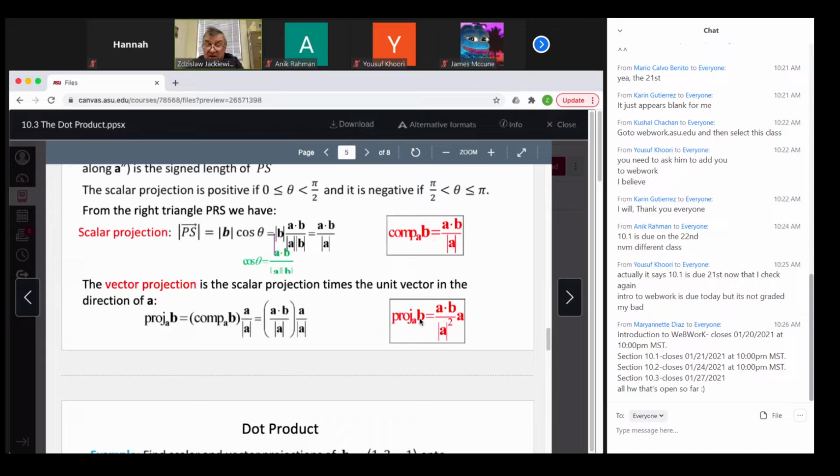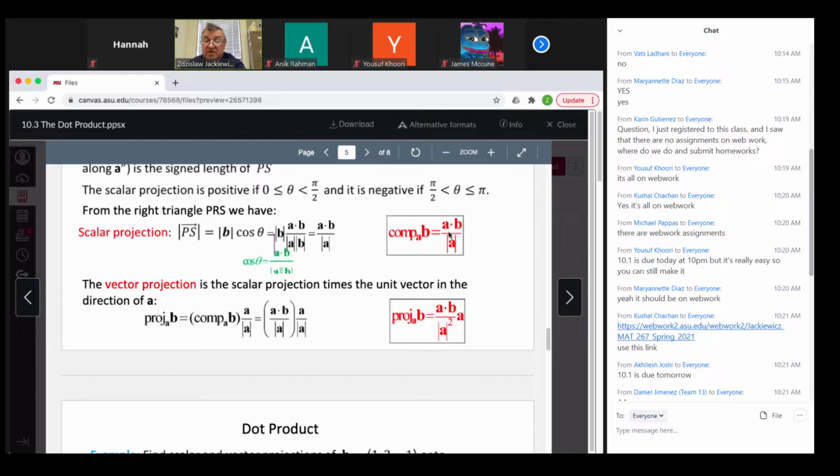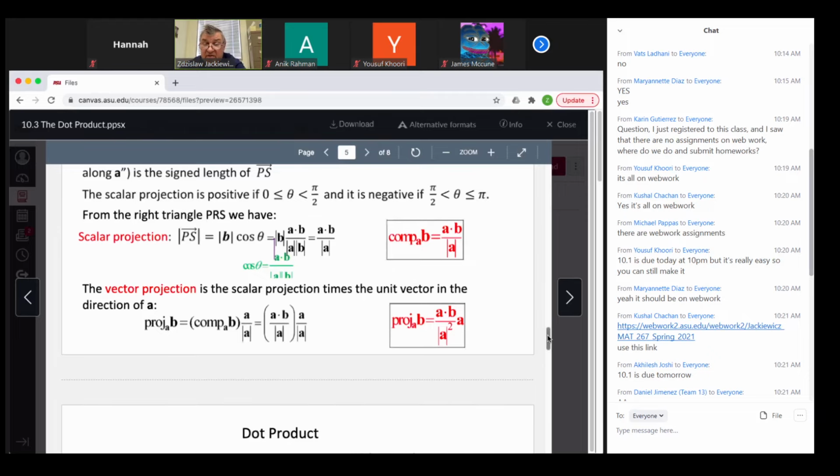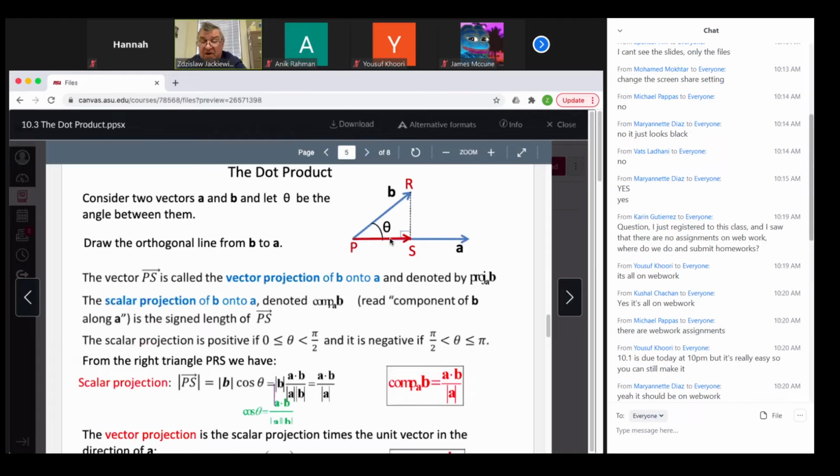So those are easy, but you should memorize those formulas. When they ask you on the web work problem to compute the component, well, use this formula. When they ask you to compute the vector projection, use this formula. You can do this using brute force, going all the way to the definitions, of course.